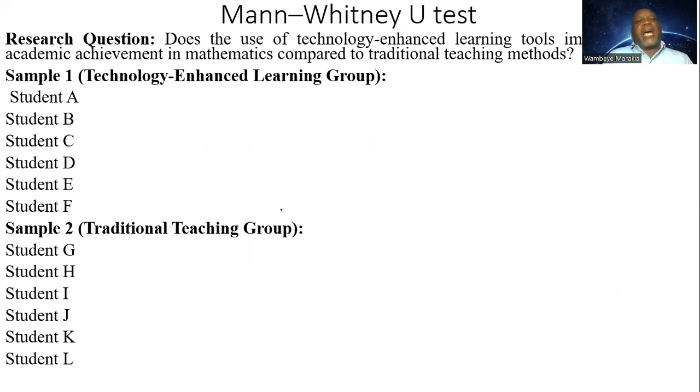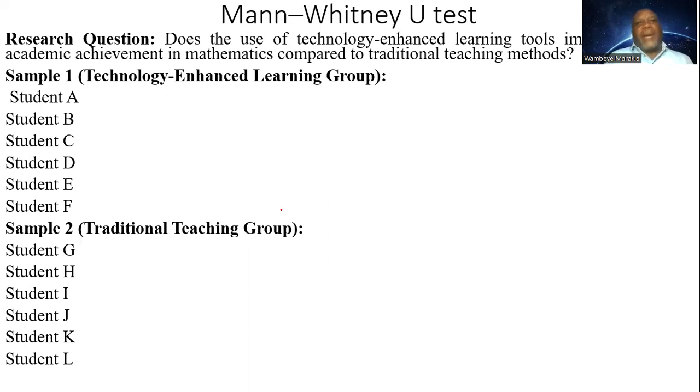The research question I'm asking myself in this case is, does the use of technology enhanced learning tools improve student academic achievement in mathematics compared to the traditional teaching method? I'll repeat that part again. I'm having a study and I have a research question. I'm using two methods, one that is technology enhanced and another one that is traditional based.